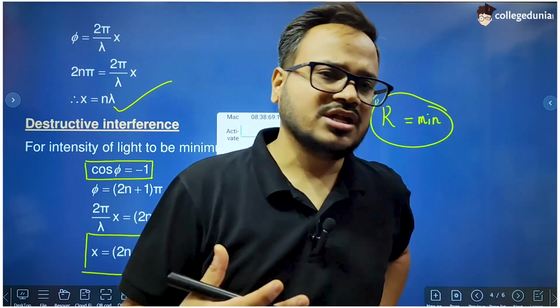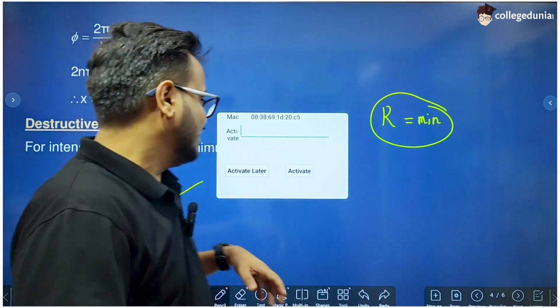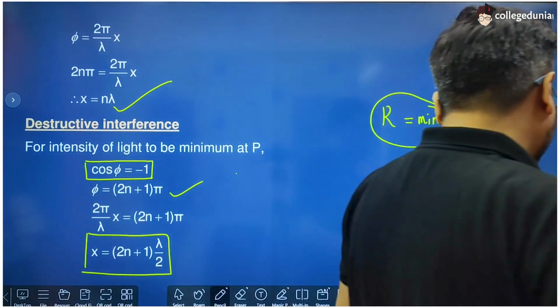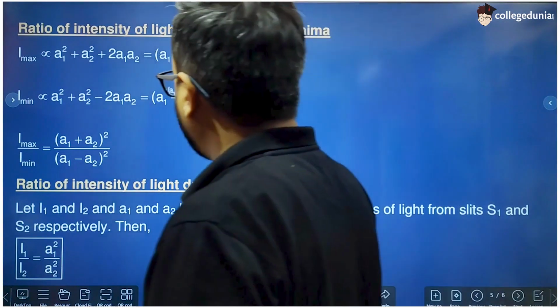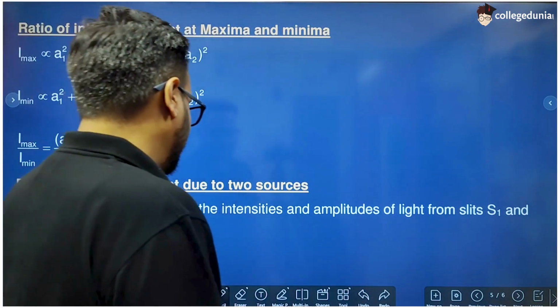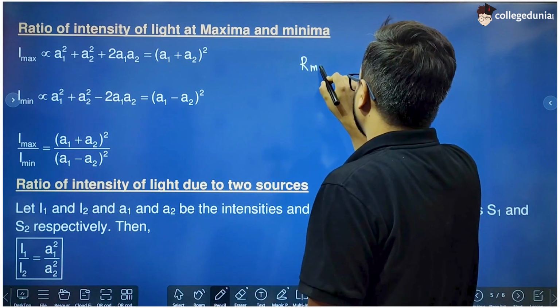Very important conditions. I was talking about 2-3 important formulae in the beginning of the video, and now we are discussing all those formulas. These are very important, and many numericals are based on these concepts. Ratio of intensity of maxima and minima. What is R max? Maximum amplitude is R max.